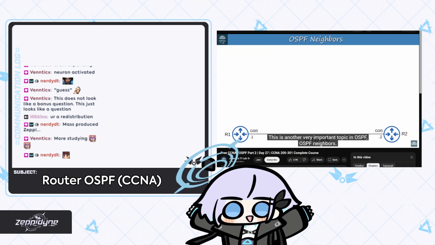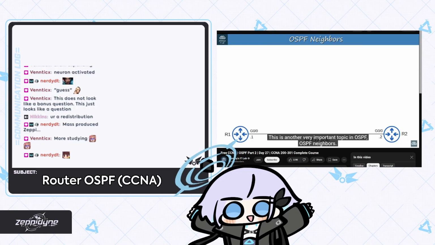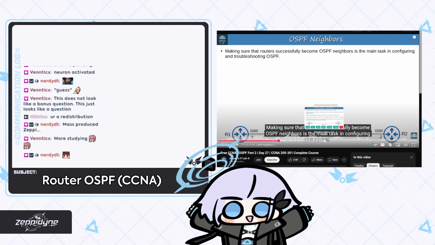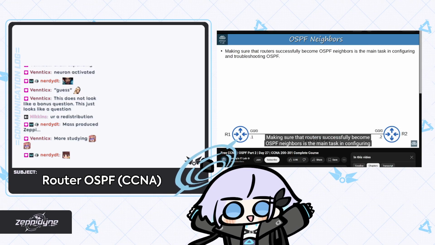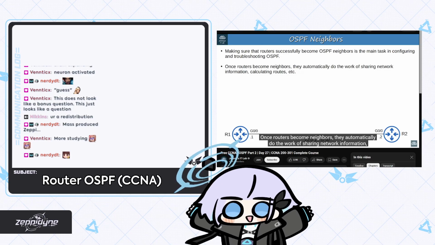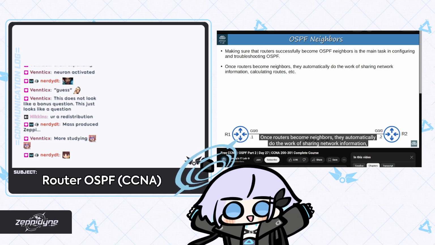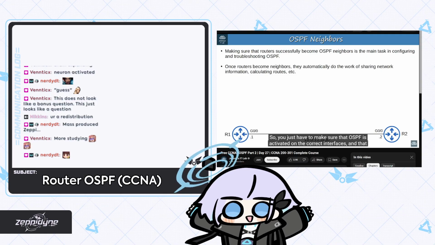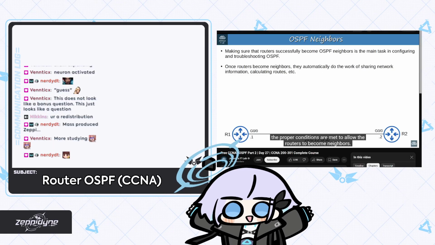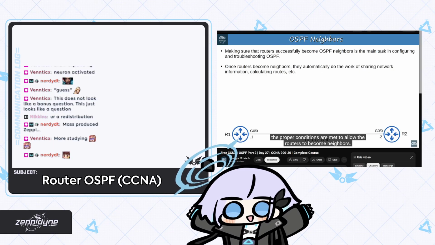This is another very important topic in OSPF, OSPF neighbors. Making sure that routers successfully become OSPF neighbors is the main task in configuring and troubleshooting OSPF. Once routers become neighbors, they automatically do the work of sharing network information, calculating routes, etc. So you just have to make sure that OSPF is activated on the correct interfaces, and that the proper conditions are met to allow the routers to become neighbors.